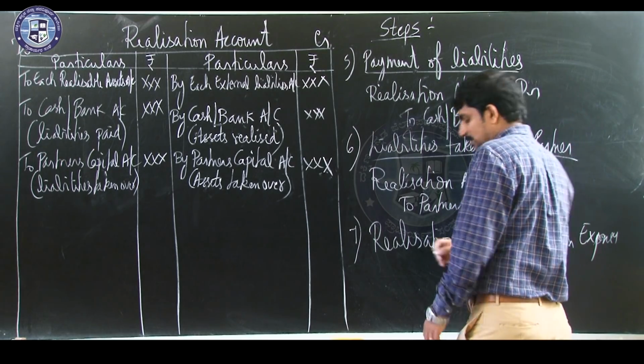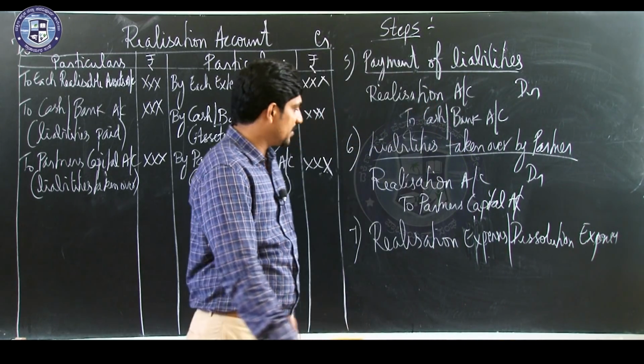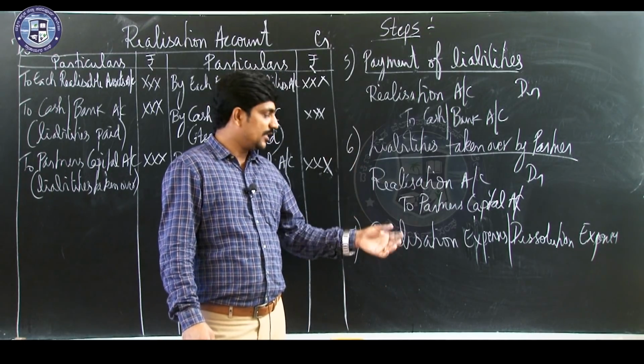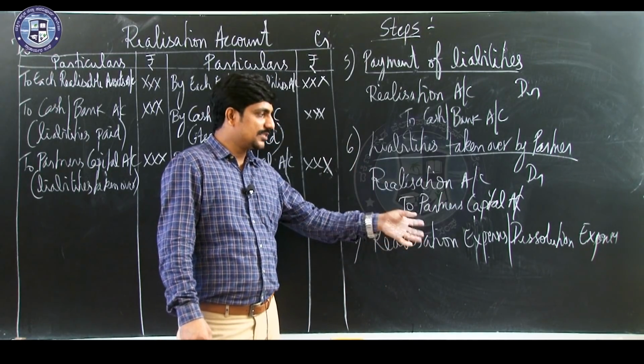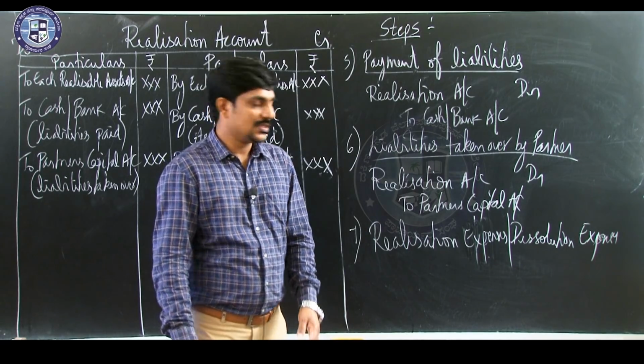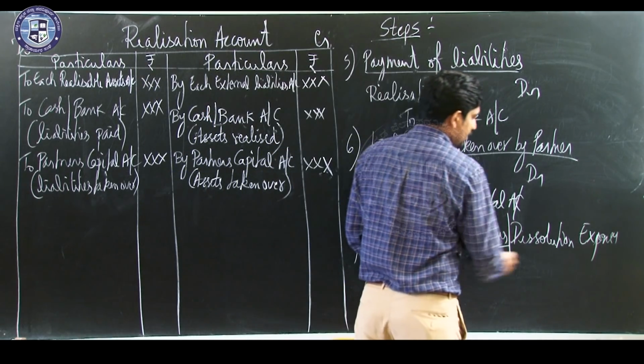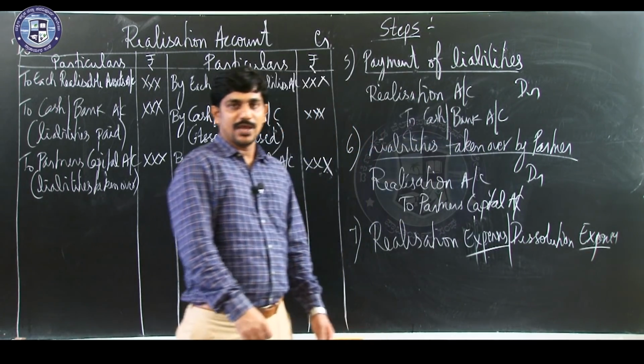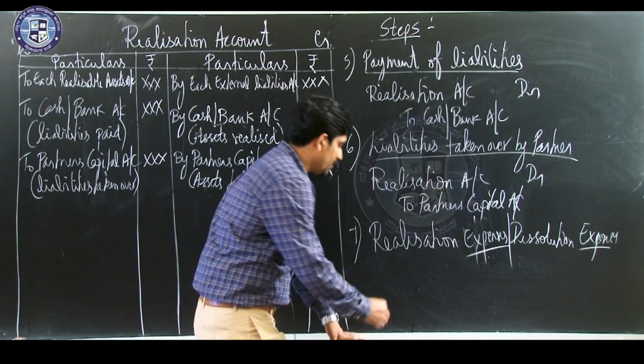For closing the business and selling the assets and liabilities, they need to incur these expenses. As the name says, it is an expense, so the firm has to pay the money.